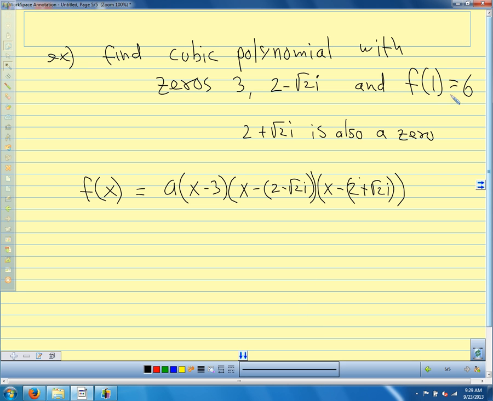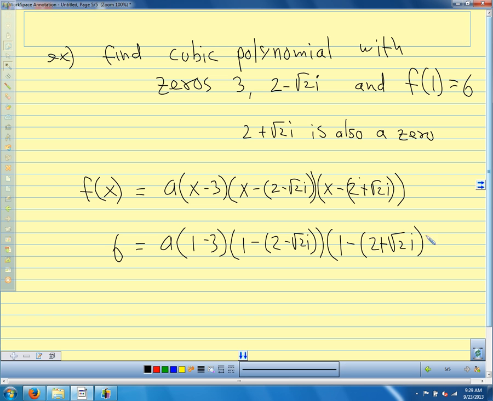This tells me f of 1 equals 6. So 6 equals a times 1 minus 3. I'm plugging in 1. 1 minus 2 minus square root of 2i. 1 minus 2 plus square root of 2i. And solve for a.